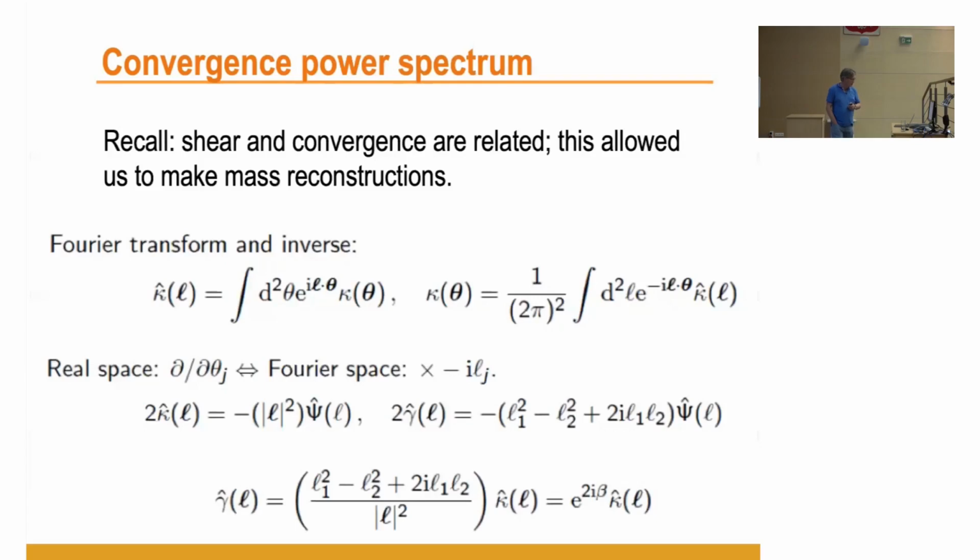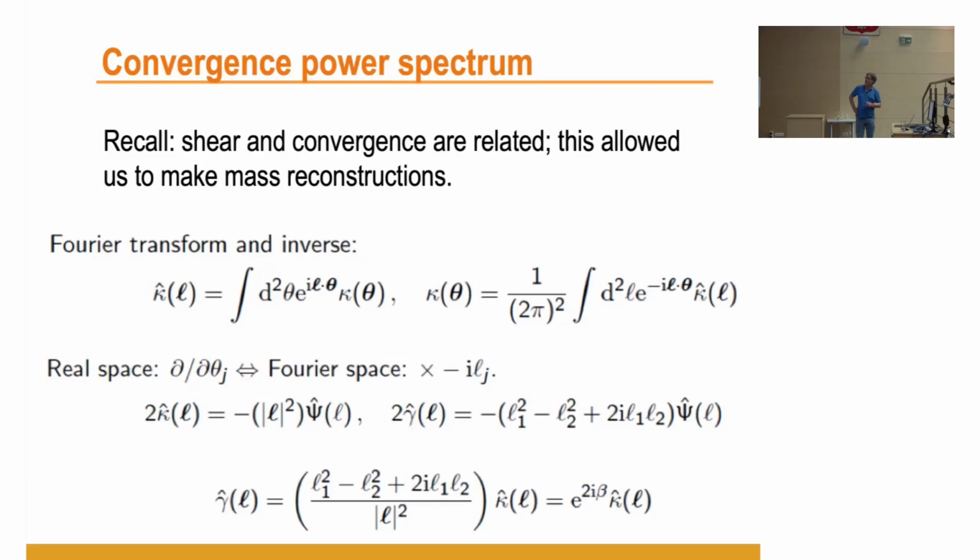And it turns out, and of course we know this already, that shear and convergence are related. But it's even better when we look at these density fluctuations, because you can use the same analogy which I used this morning when I derived the Kaiser-Squires mass reconstruction. You can write the convergence in Fourier space, where it's very easily related to the power spectrum, and I can also express the shear in terms of derivatives of the potential.